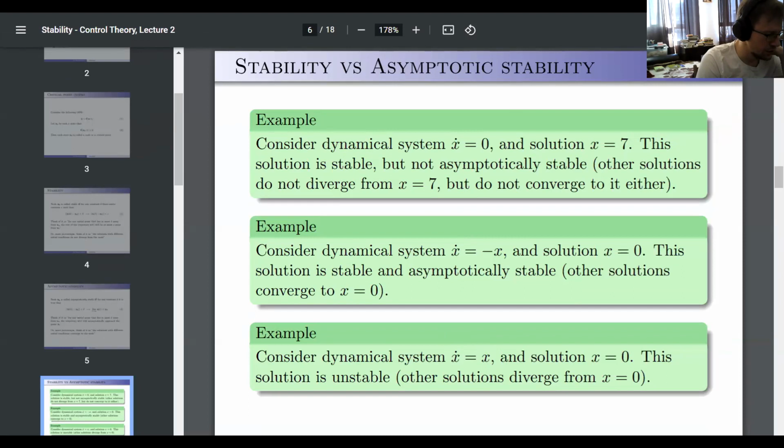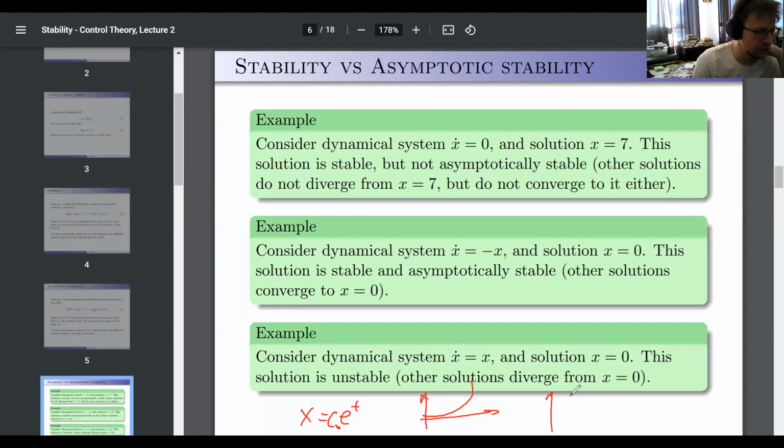Let me put this notation somewhere. The solution will be something like x equals e to the power t times x0, and that solution diverges because it will basically look like this.